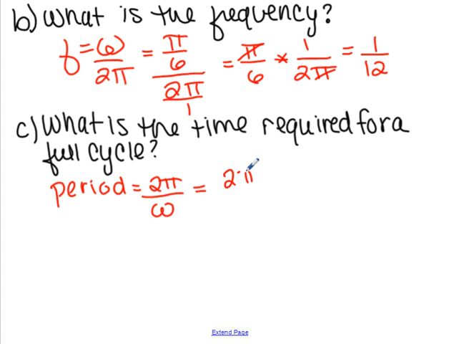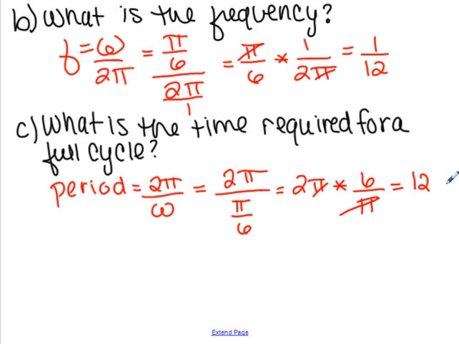So 2 pi over 6, copy, change, and flip. The pi's cancel. 2 times 6 is 12. So it takes 12 seconds to complete 1 full cycle, which is exactly the reciprocal of this one here.